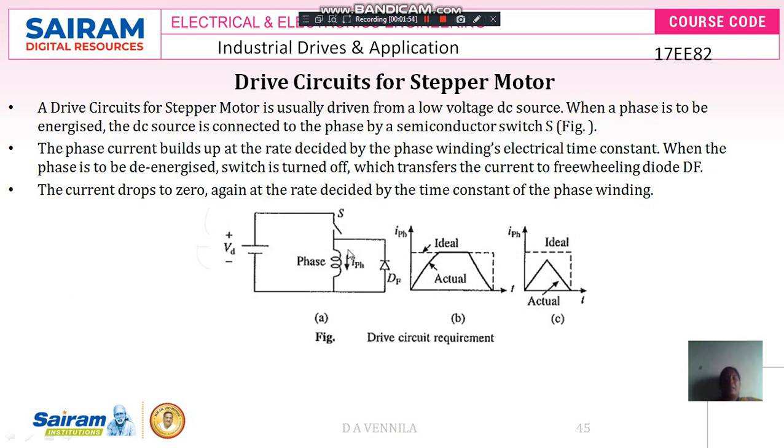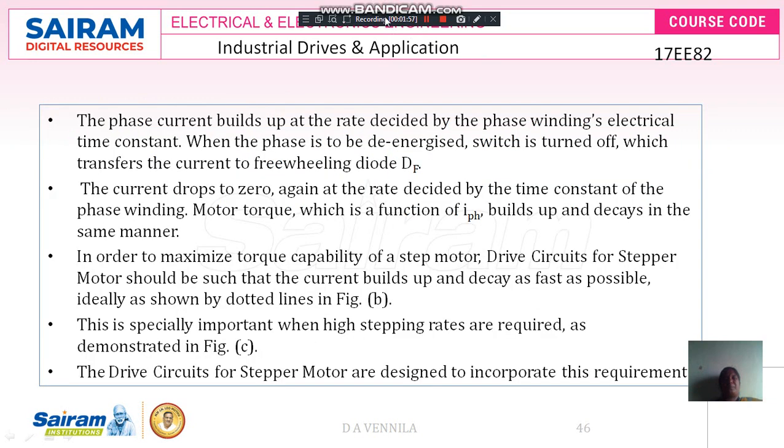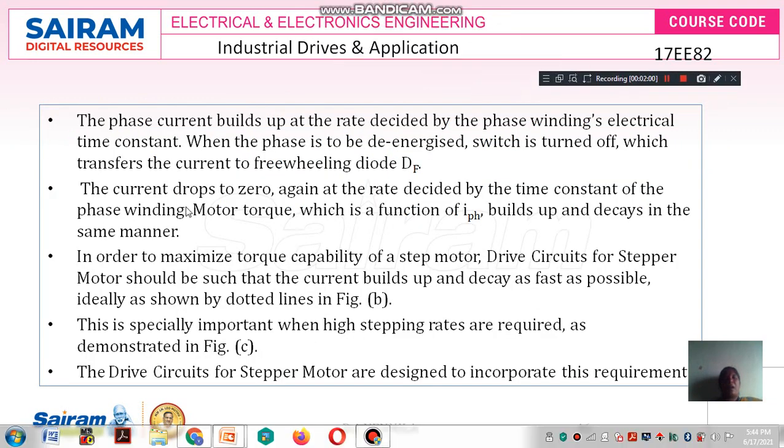The current keeps flowing through the freewheeling diode while it decays.